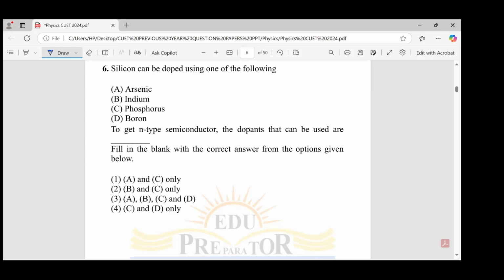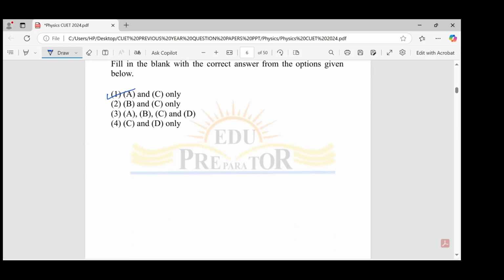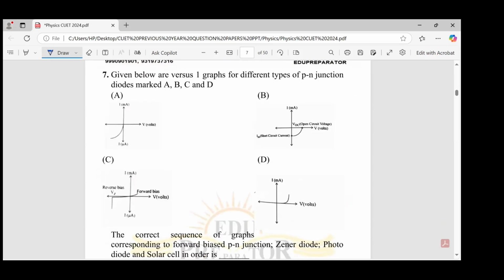For N-type, we know group 15 elements should be added. So the answer should have arsenic, which belongs to the 15th group, and phosphorus, which belongs to the 15th group. As these two are options A and C, we have the first option as the correct answer, because it involves the addition of a dopant which produces more electrons.